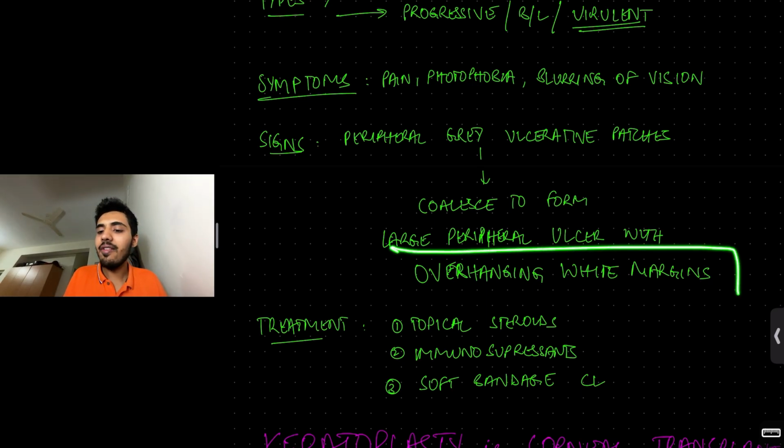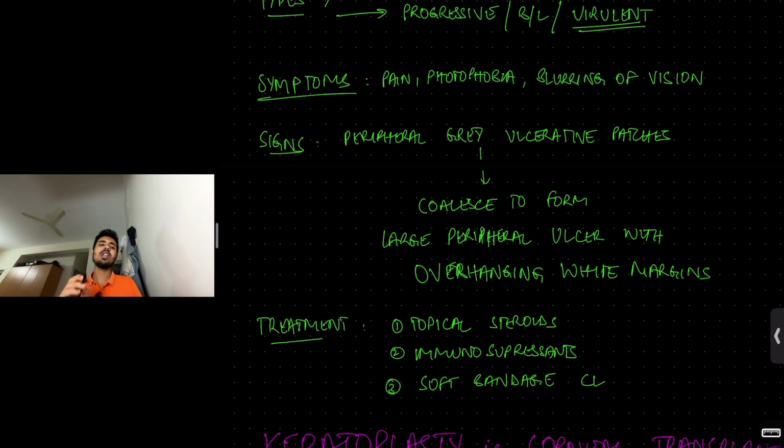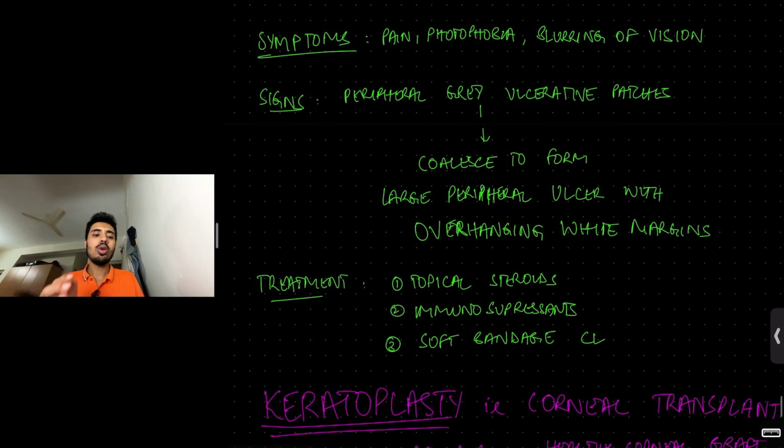These overhanging white margins are characteristic of Mooren's ulcer. How will you treat it? You will give topical steroids and immunosuppressants like cyclosporine and methotrexate. Why? To reduce that autoimmune reaction. You want to suppress the immunity. And you'll give a soft bandage contact lens for support and to prevent perforation.